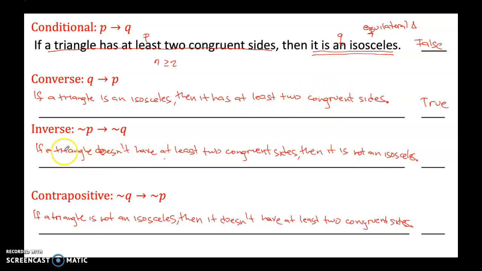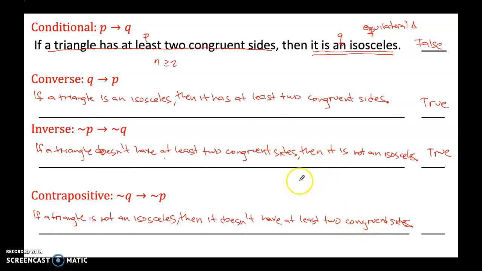Next, the inverse: if a triangle doesn't have at least two congruent sides, then it is not an isosceles. Again, this is a true statement. Contrapositive: if a triangle is not an isosceles, then it doesn't have at least two congruent sides.